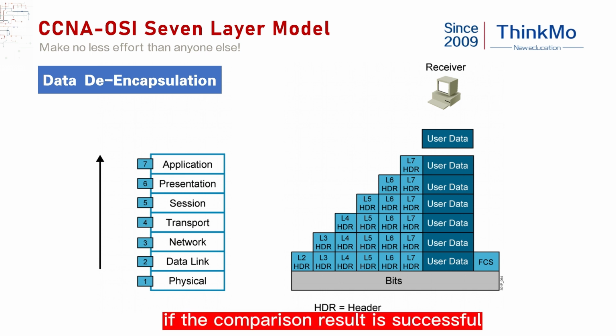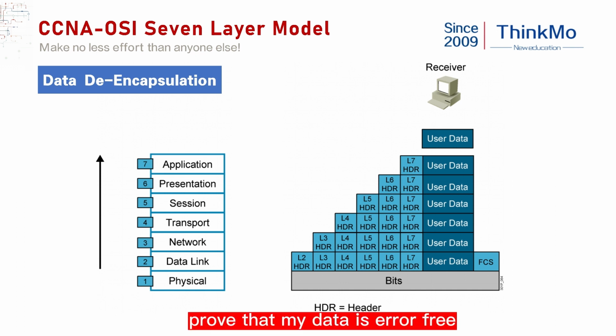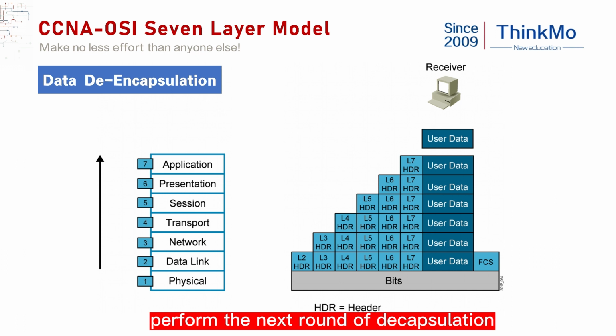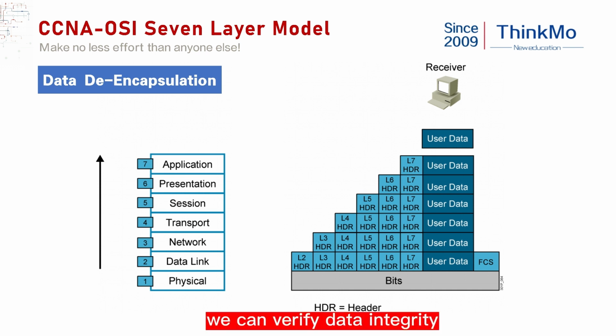If the comparison result is successful, it proves that my data is error-free during the intermediate transfer process. Then I will deliver it upward and perform the next round of decapsulation. This is an algorithm on the second floor that we can use to verify data integrity.